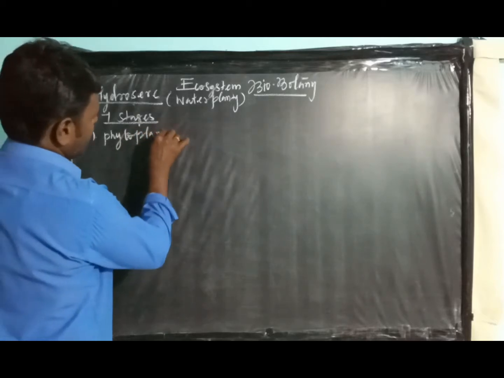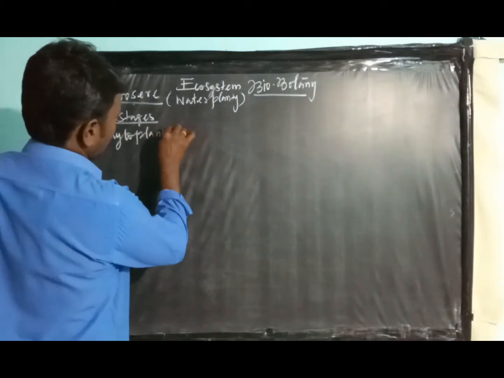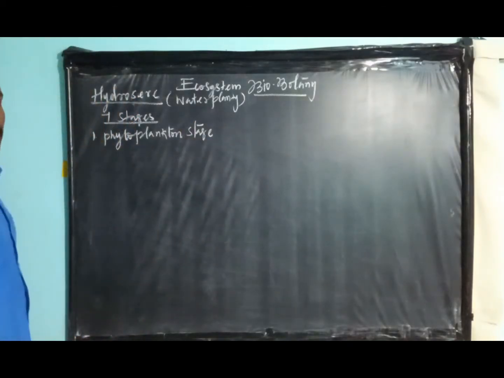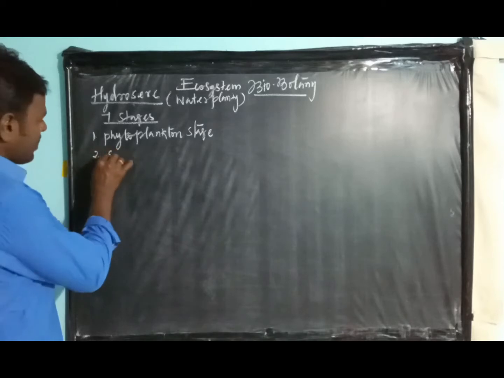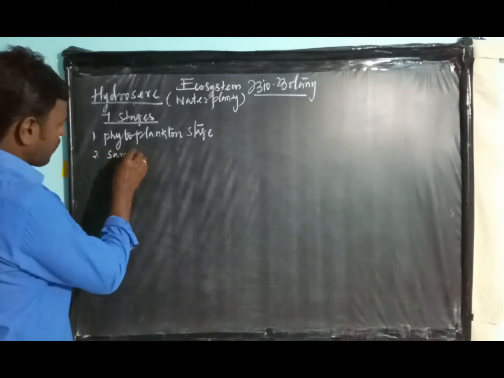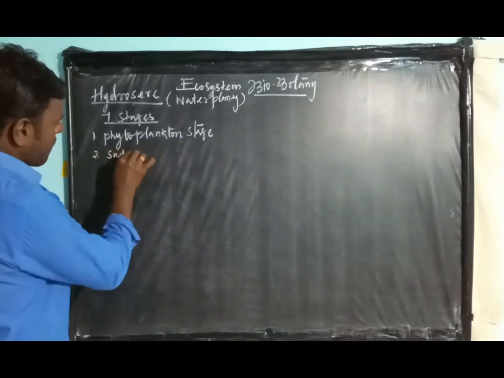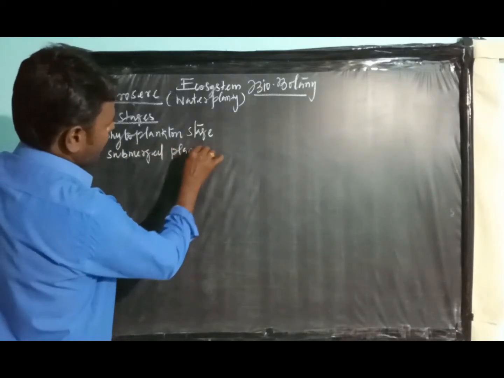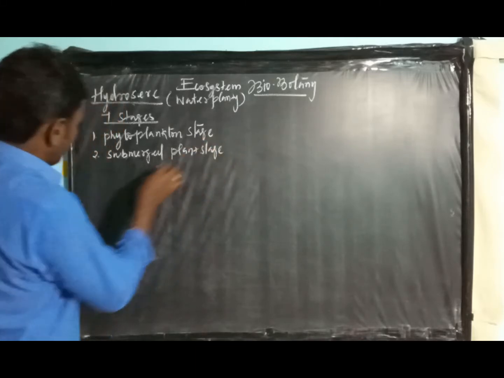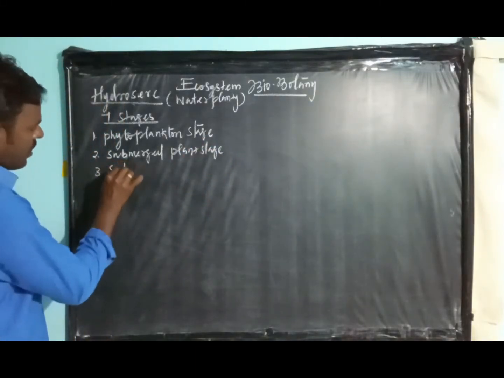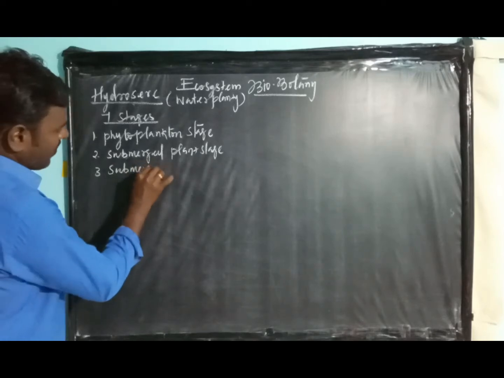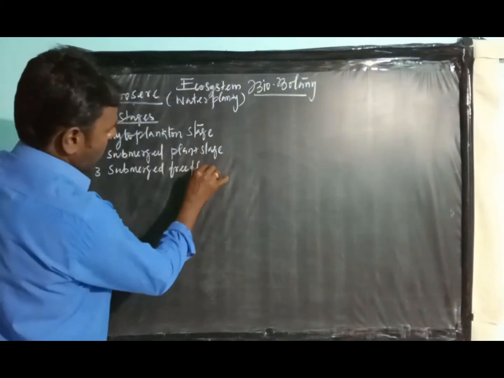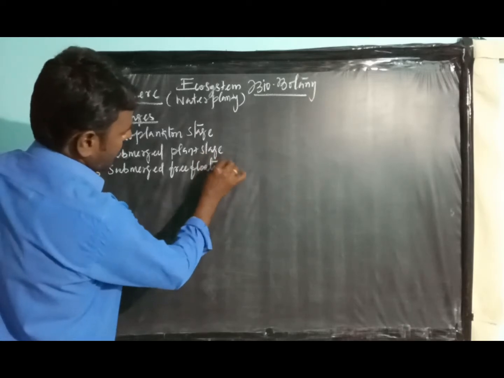First stage is phytoplankton stage. Second is submerged plant stage. Third is submerged free floating stage.